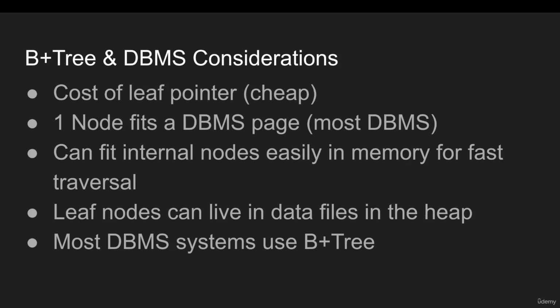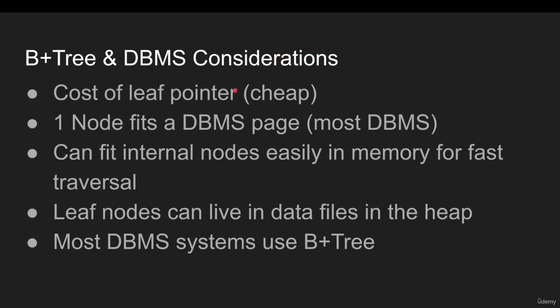So B+trees and DBMS considerations. There's an additional cost here, which is the leaf pointer. Again, for instance, MySQL InnoDB, Postgres, and SQL Server all have these leaf pointers that point to the next leaf node in the B+tree.